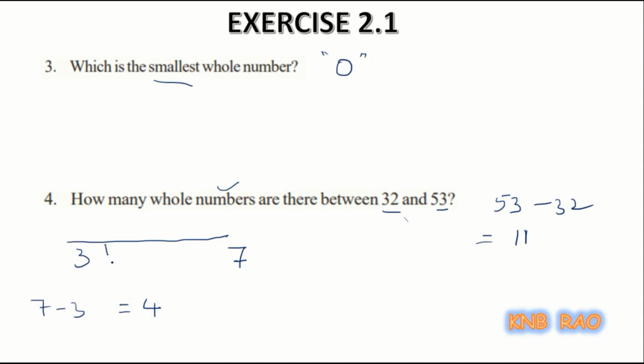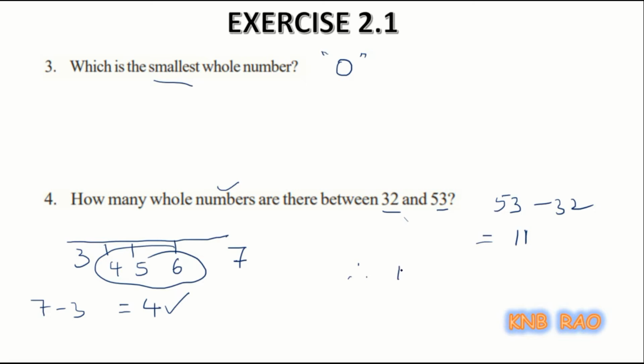Here what we have got: 4, 5 and 6. These are the three whole numbers lying between 3 and 7. The difference between them gives us 4. So 1 less than the difference between any two whole numbers will give us how many whole numbers are there.